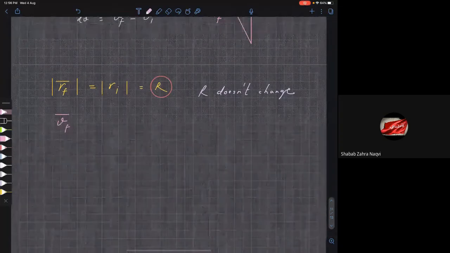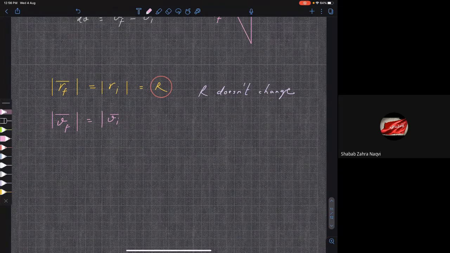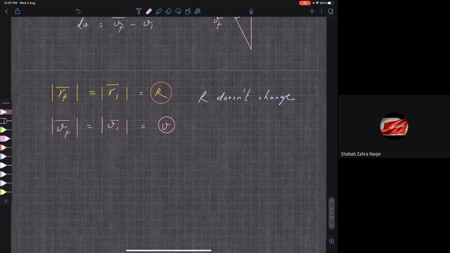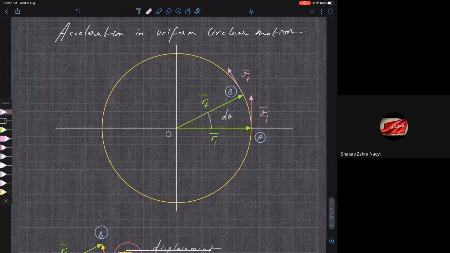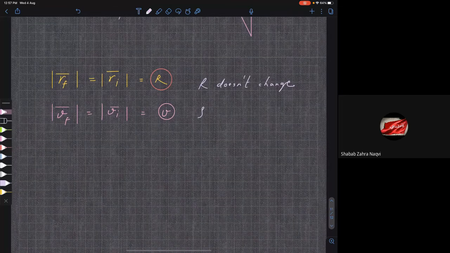VF equals VI. We are talking about magnitudes here, okay? Equal to V. Why? Tell me the reason. Why is the magnitude of V not changing here? Since it's uniform circular motion. What do you mean by uniform circular motion?